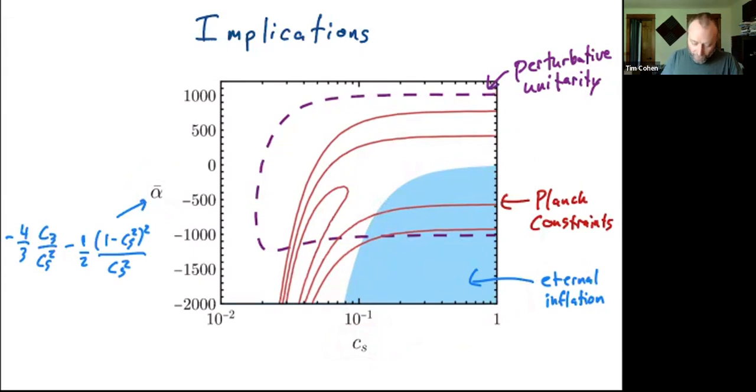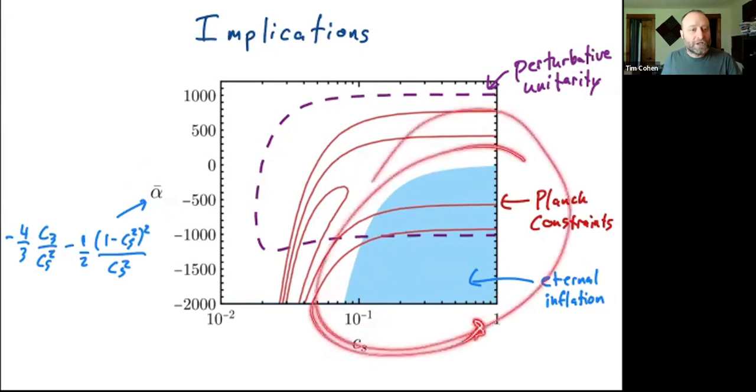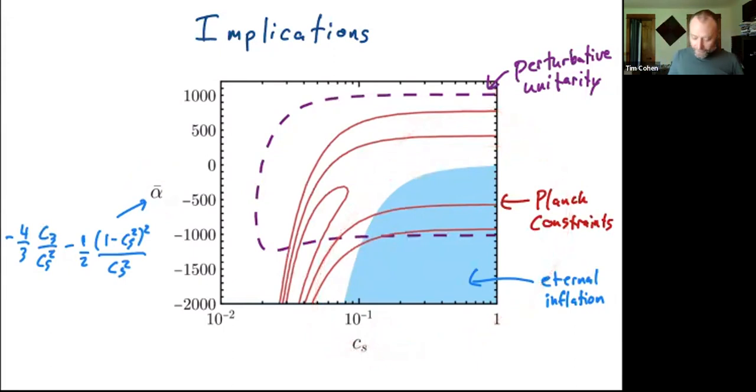So what I want to do is explain how we compute this region, because that required us to develop some new technology. I also want to explain what we think is going on here, basically the interplay of the EFT approximation and the calculation, to understand whether or not we can really trust this.